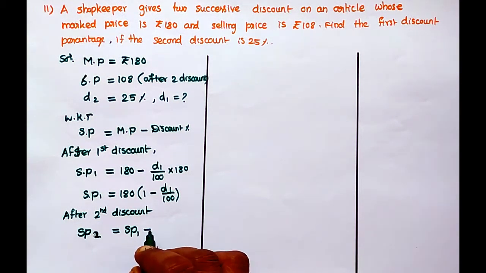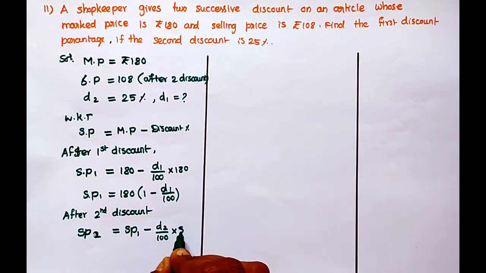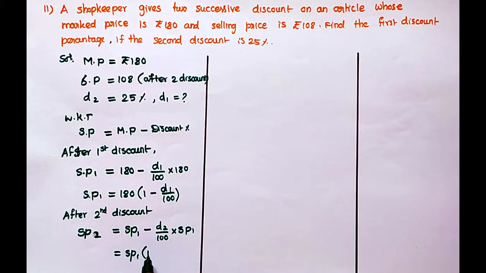So that is D2 percentage, D2 by 100 into SP1. Taking SP1 as common, 1 minus D2 by 100, that is what? SP2.